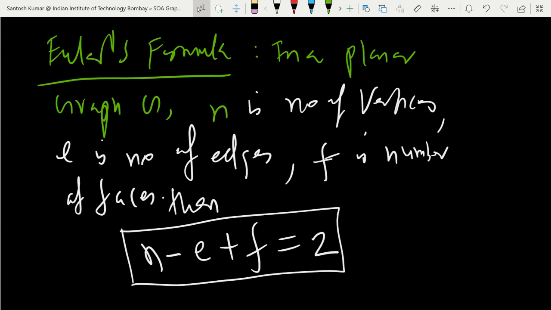So you have to write them in planar representation. So n is the order of the graph or number of vertices, e is the size of the graph or number of edges, f is the number of faces or number of regions due to planar representation. Fine, this is the Euler formula actually. So this is the formula.